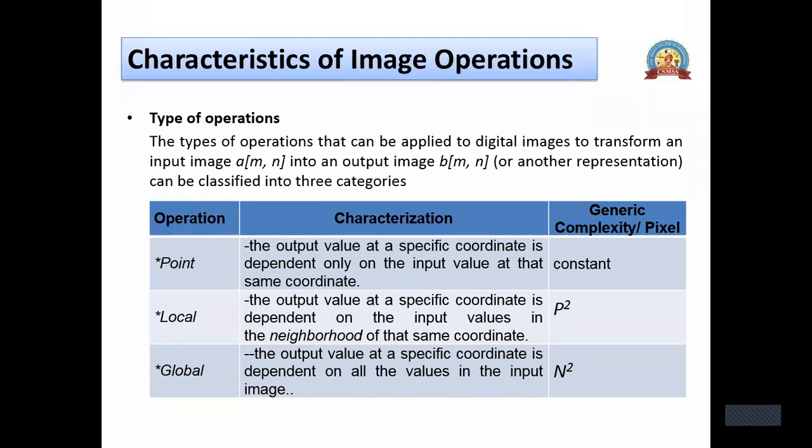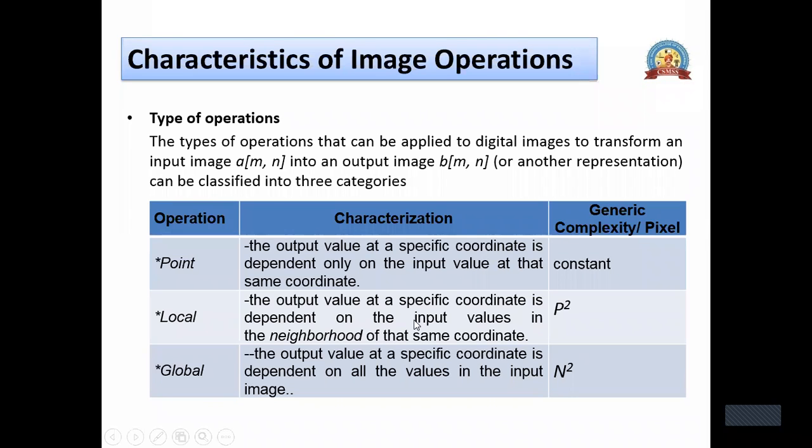In point operation, we take only one pixel and operate on that pixel, get the result based on the operation on that pixel only, and place that output at that same pixel. So that particular pixel will be changed.